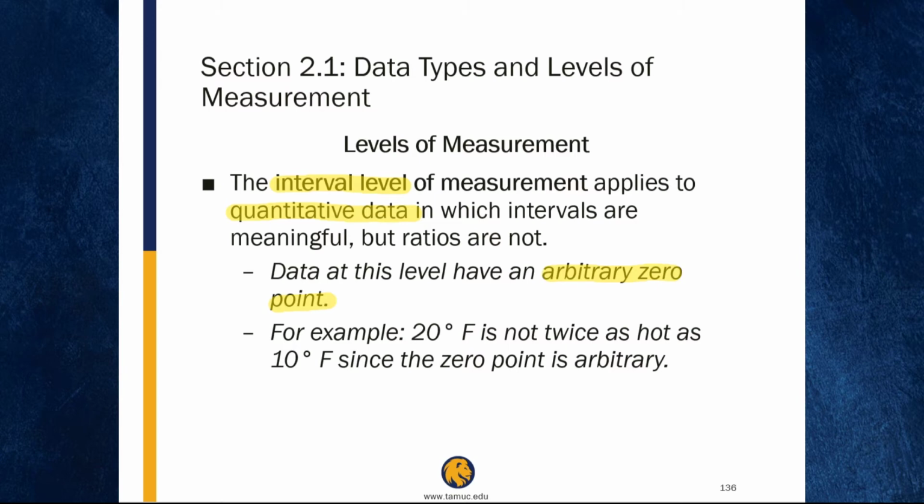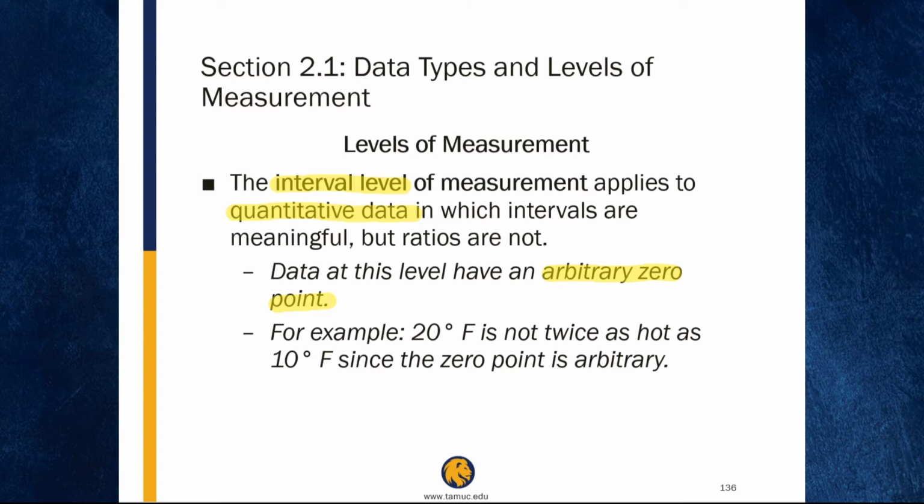20 degrees Fahrenheit is not twice as hot as 10 degrees Fahrenheit. This all stems from the fact that 0 degrees is chosen arbitrarily rather than to mean that there's 0 heat measurable. So one of the weird characteristics of interval level of measurement is we can't compare by ratio, one twice as big as the other, like we see here.